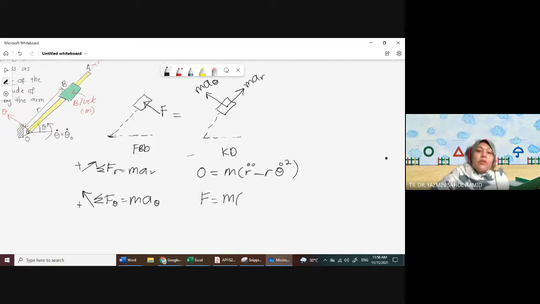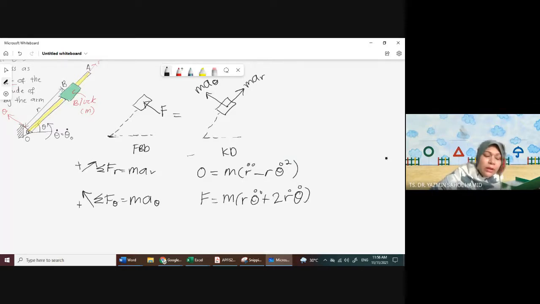And then in the transverse direction, F positive equals M, R theta double dot plus 2 R dot theta dot.